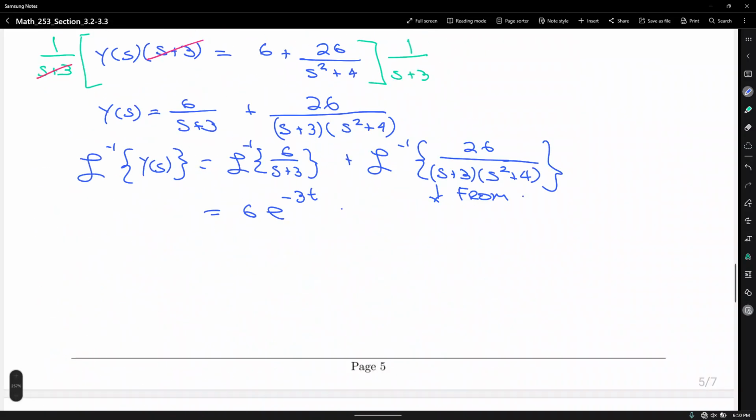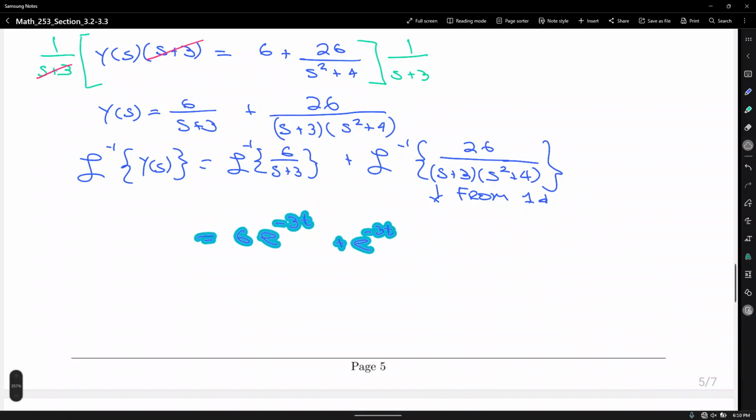Okay, from 1D, okay. This is plus 2, okay, over s plus 3, okay. So plus 2 e to the negative 3t, okay.